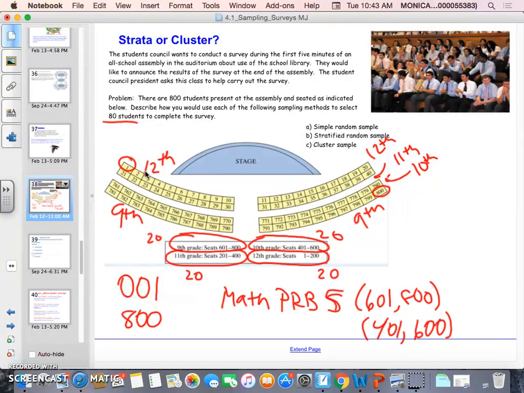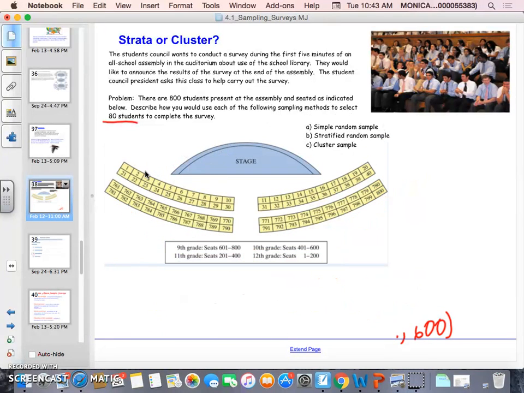Now, if I wanted to do it by a cluster sample, that would be a little bit different. For a cluster sample, I would say, for example, I'm going to look at this set of rows, from here and here, let's say.